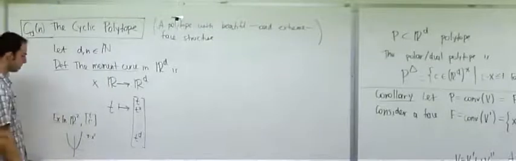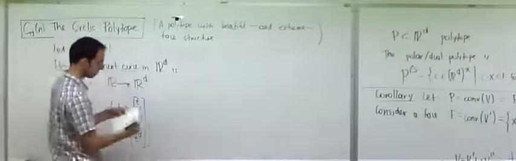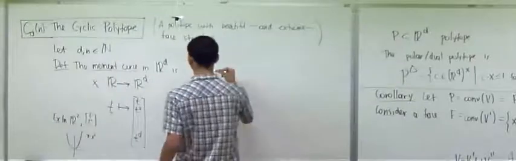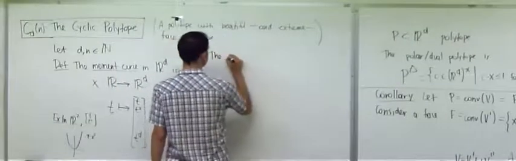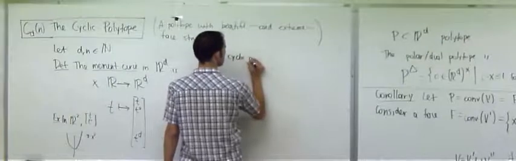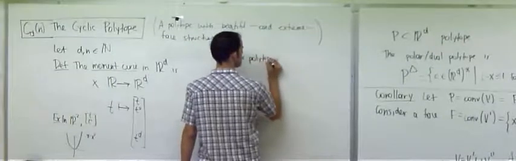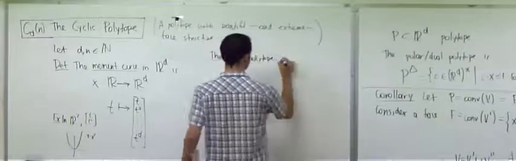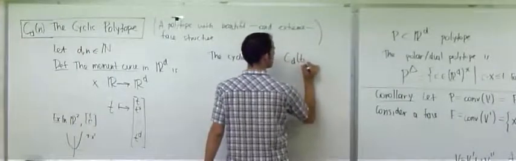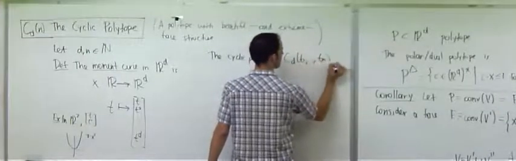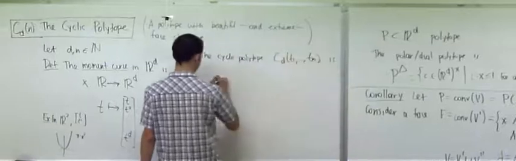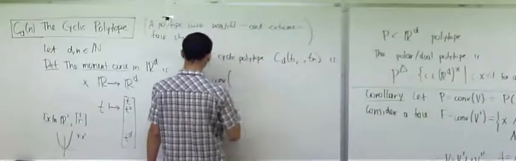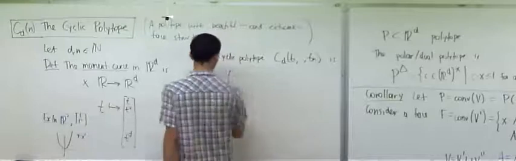Okay. So the cyclic polytope, let's write it like this, is the convex hull of n points on this curve.